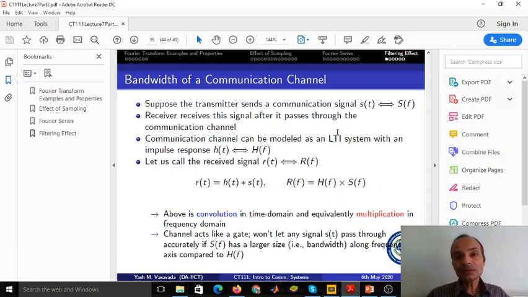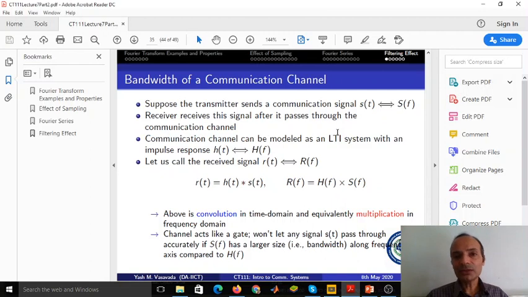So, one slightly more detailed representation of the effect of a communication channel: it can be a wireless channel, the channel that your cell phone signal sees as it gets transmitted from the base station towards your cell phone or from your cell phone towards the base station. Or it can even be a wireline channel.